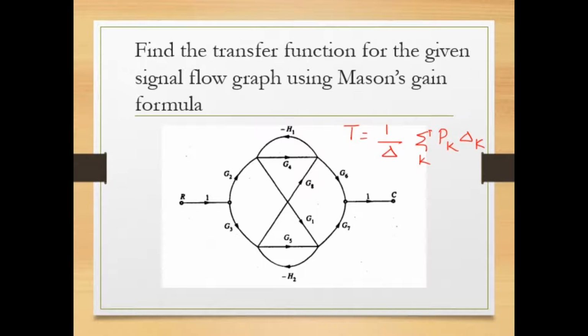First we'll find the number of forward paths for this signal flow graph, then the number of loops and the loop gains, and then we'll apply the path gains to Mason's gain formula.